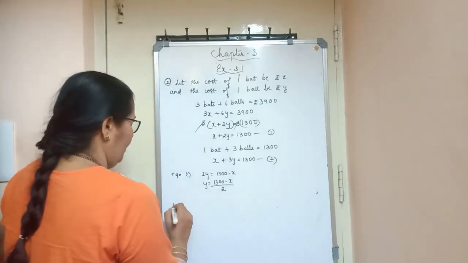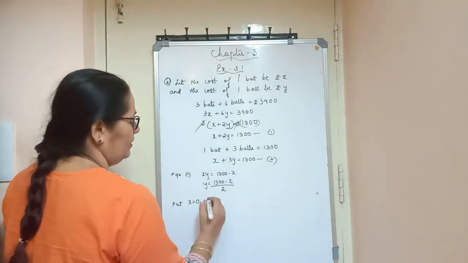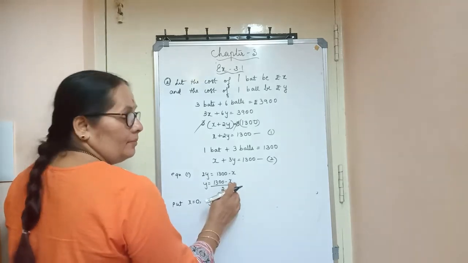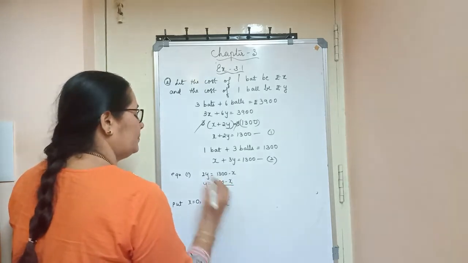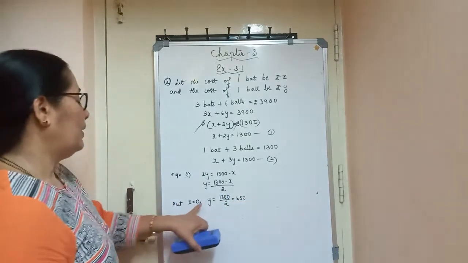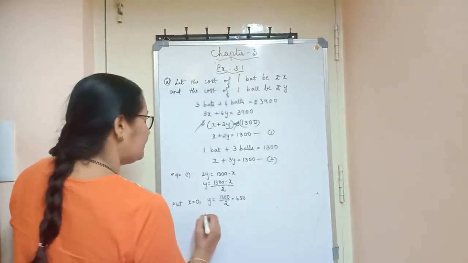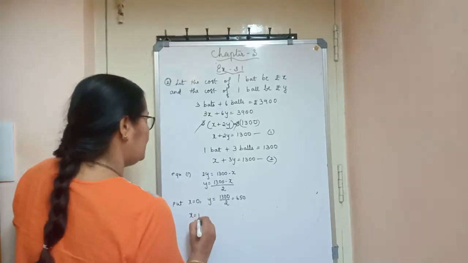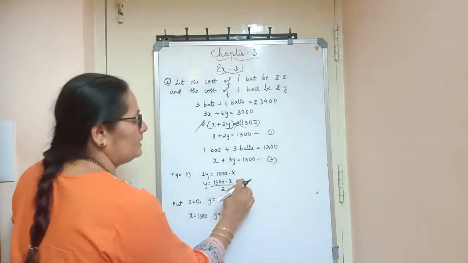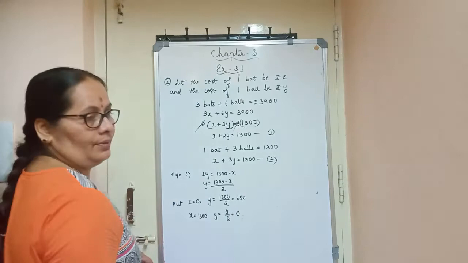Now put x as 0, then y is (1,300 minus 0) by 2, which is 650. So y equals 650. Now if x is 1,300, then what will you get? 1,300 minus 1,300 is 0, and 0 by 2 is 0.